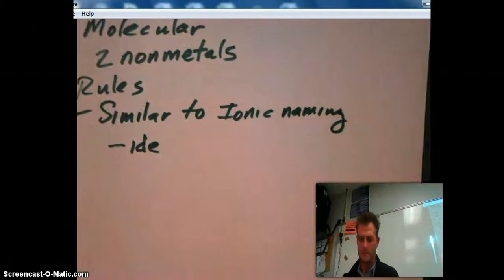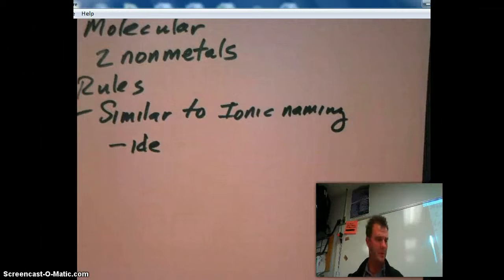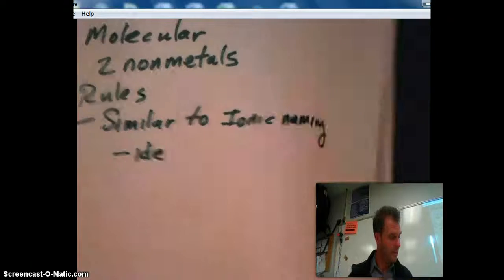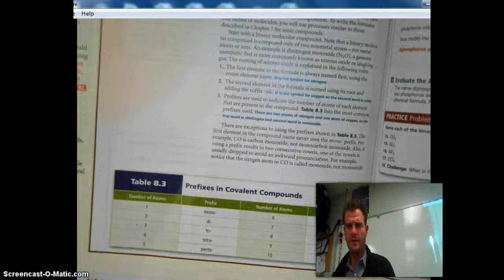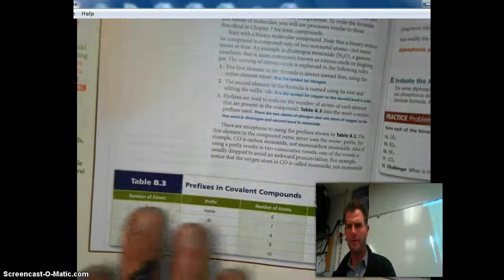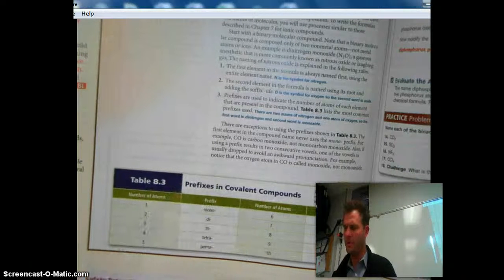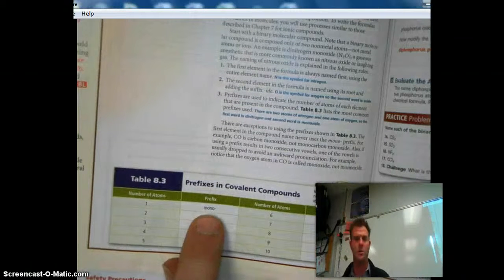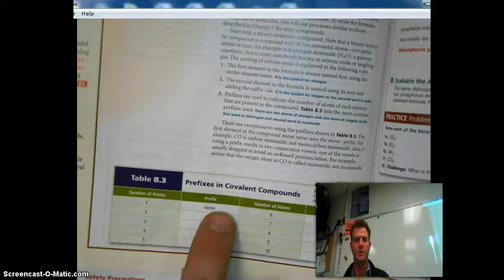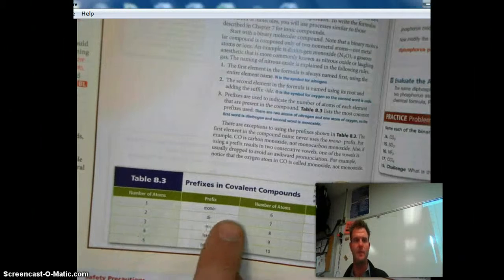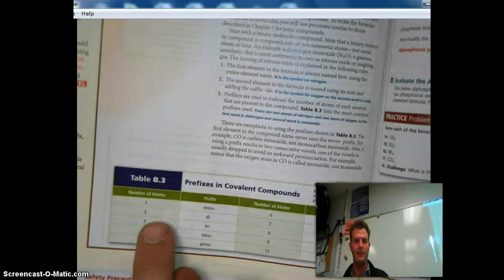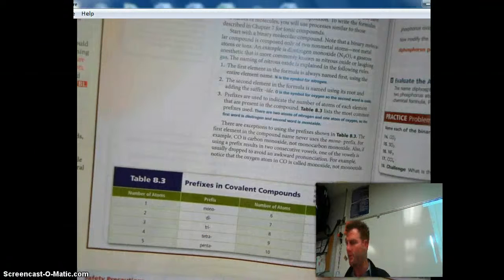If you look on page 248 of your book, you see all of the prefixes that are going to be used here. For instance, if something has one atom in it, you would say mono. If it has two in it, you would say di. Something with three, tri, and so on and so forth.